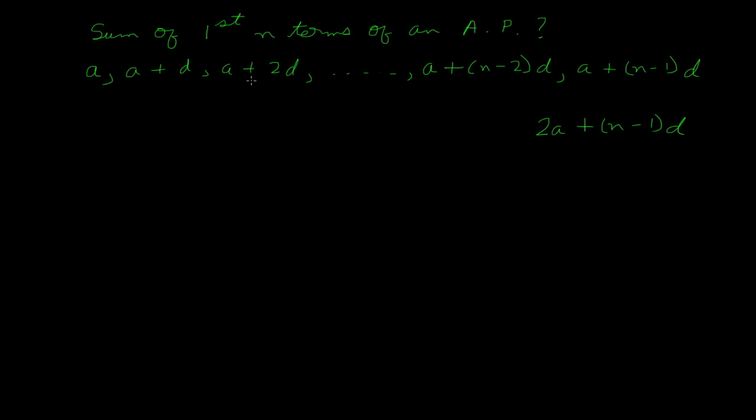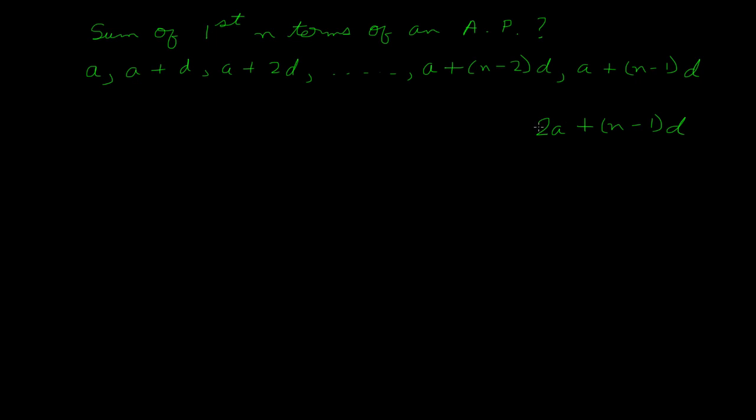And again, if you take the third term here, a plus 2d, and the third term from the end would be a plus n minus 3 times d, and if you add both of them, you would again get 2a plus n minus 1 times d.